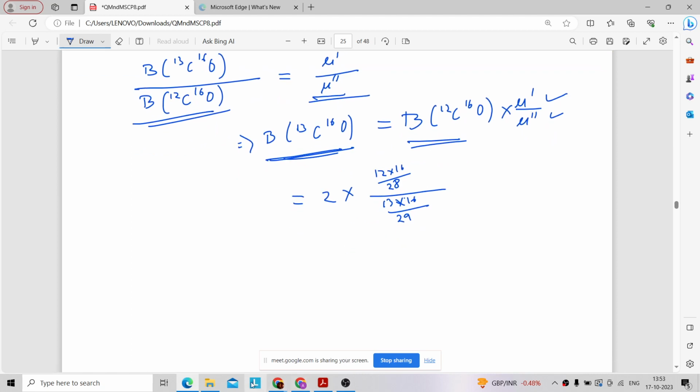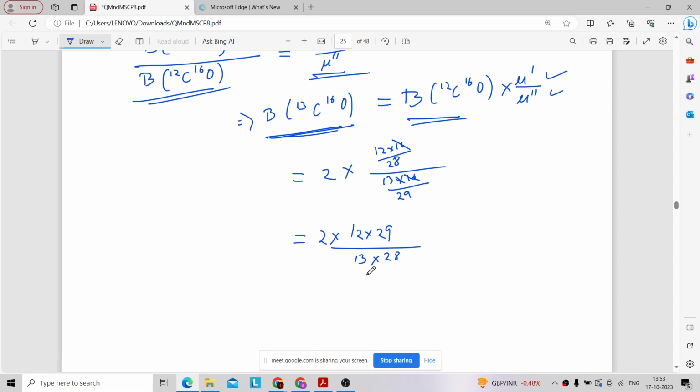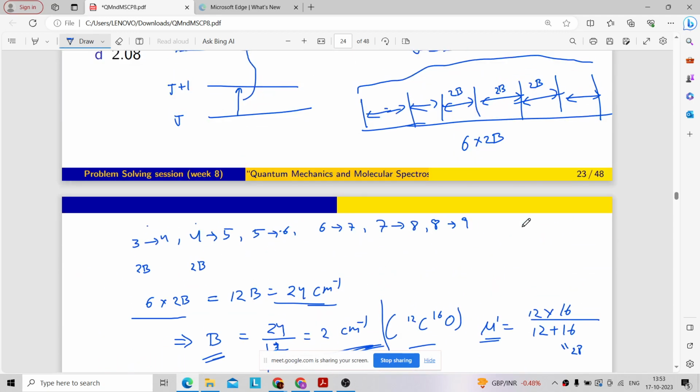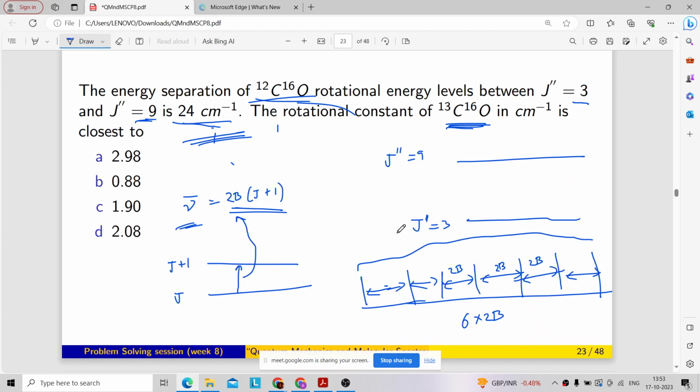Now if I solve this, 16 will cancel and I will have 2 times 12 times 29 divided by 13 times 28. If you solve this, it will be nearly equal to 1.9 centimeter inverse. Okay, so let's check if we have this option. Yeah, it is close to this one.